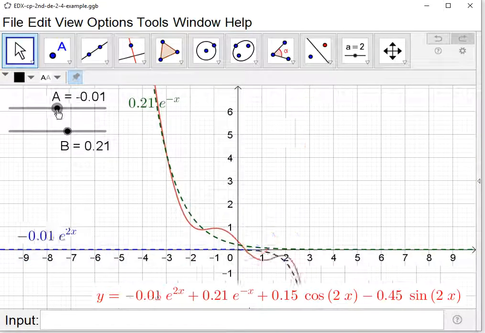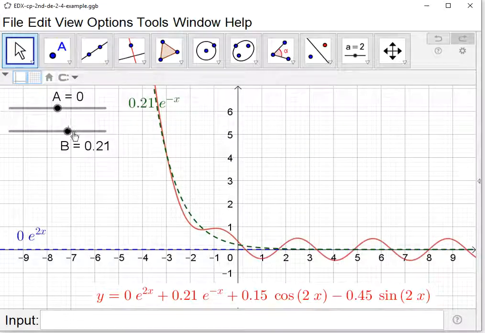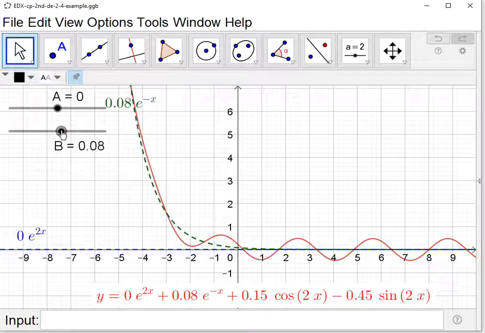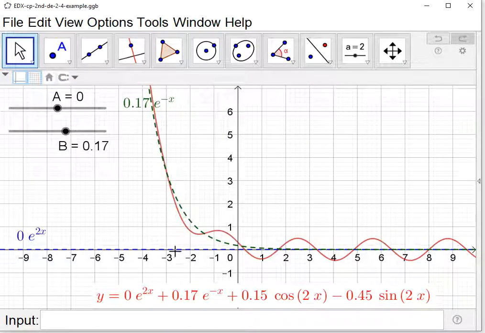And if we go the other way we can get the opposite effect. If I set a to 0 and change b, we can see that when b is negative this b e to the minus x term becomes dominant, as we can see on the graph, and the 0 e to the 2x has no effect when x is positive. It's always going to be 0.